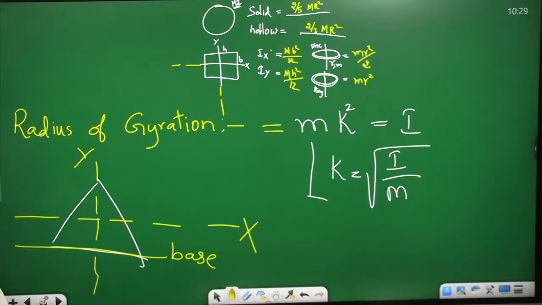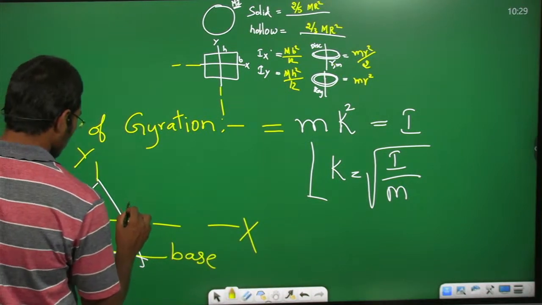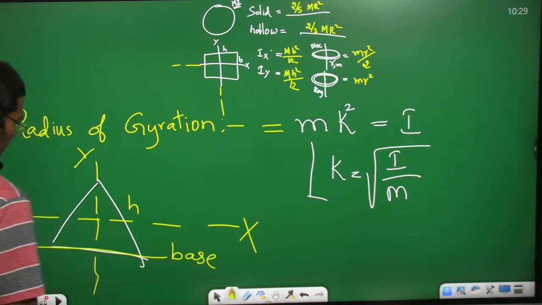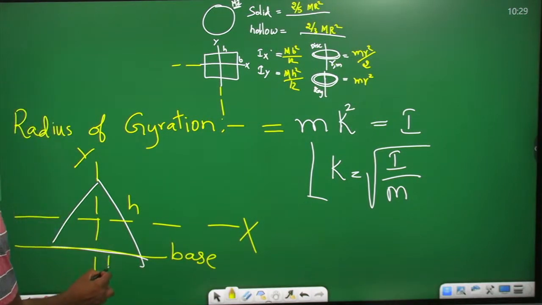Triangle is also a basic figure whose height is h and base B. Try to comment on the moment of inertia for different axes, like when it passes through x, when it passes through y, when it passes through the base. What is the moment of inertia?